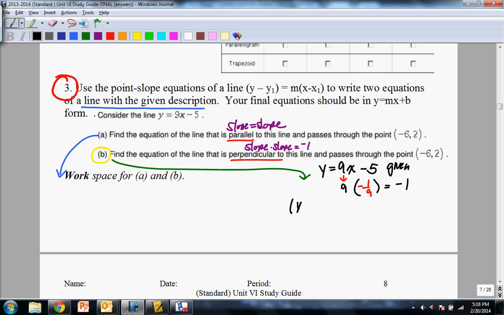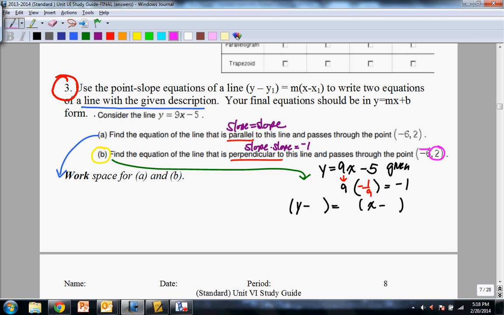Now we take our point-slope equation of a line, which is y minus y1 equals slope times x minus x1. That's your template. You always make a template first. So write that template out. Now you circle plug chug.